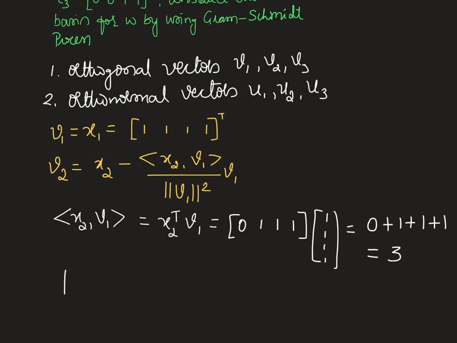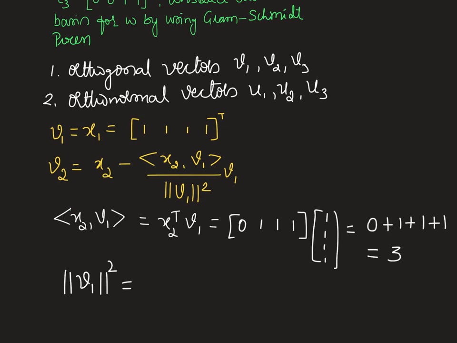Next we find the norm of v1 squared, that is 1 squared plus 1 squared plus 1 squared plus 1 squared. It is not under the square root because we have the square here.